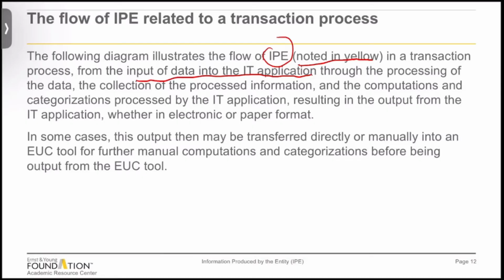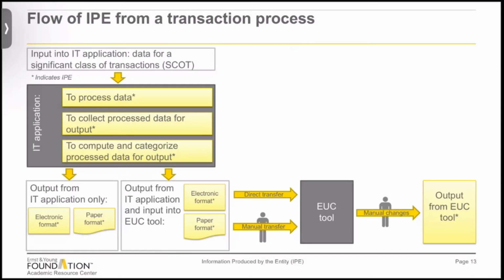In some cases, this output then may be transferred directly or manually into an EUC tool for further manual computations and categorizations before being output from the EUC tool. Okay?